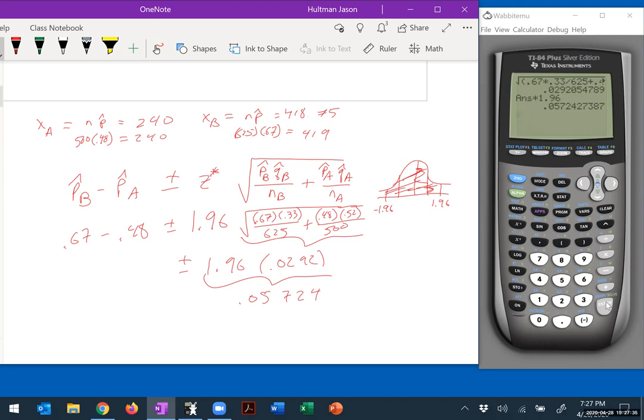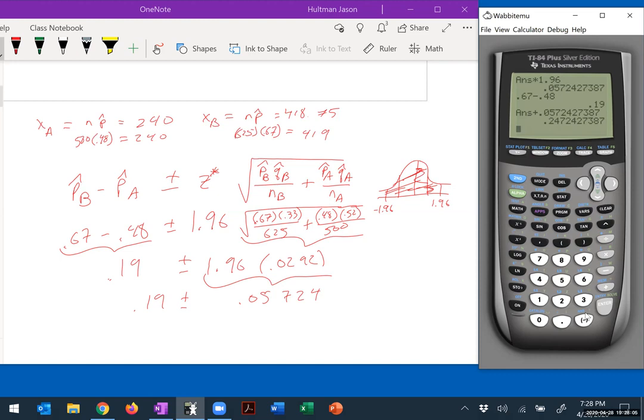Now I want 0.67 minus 0.48, which is 0.19. So I'm going to add and subtract 0.05724 from 0.19.